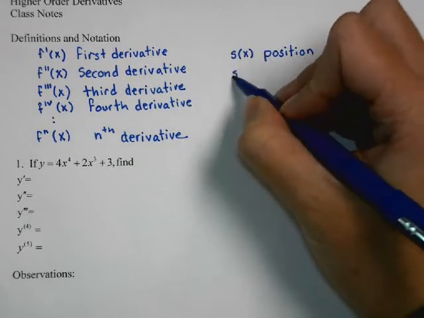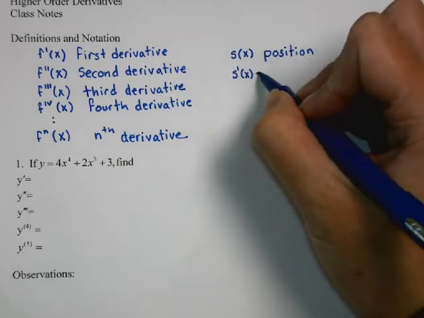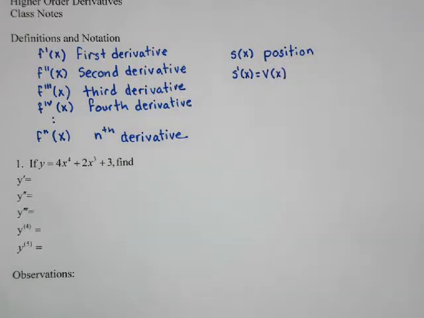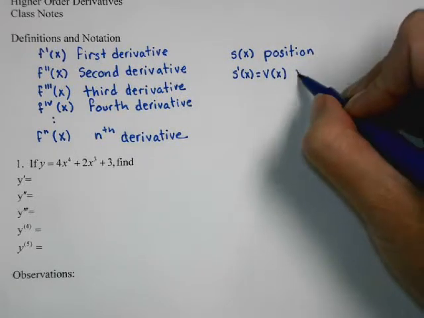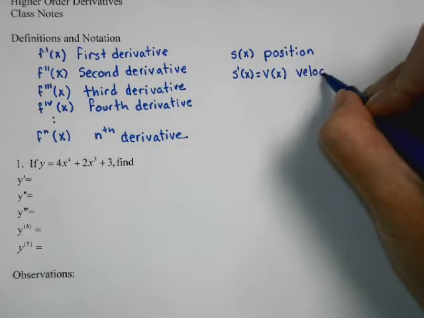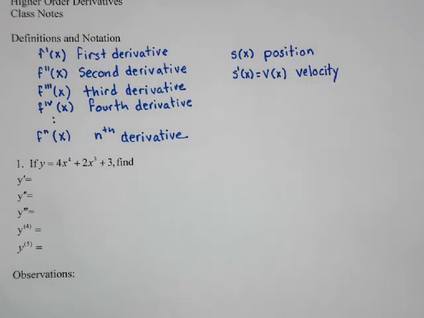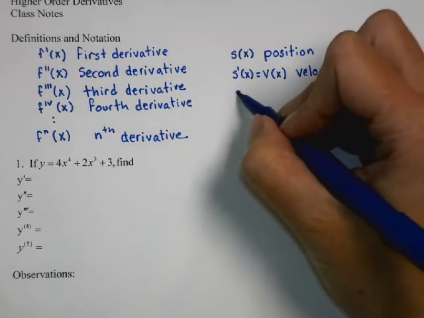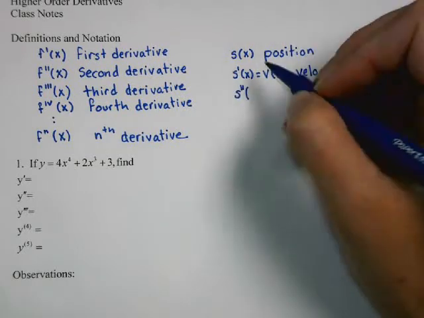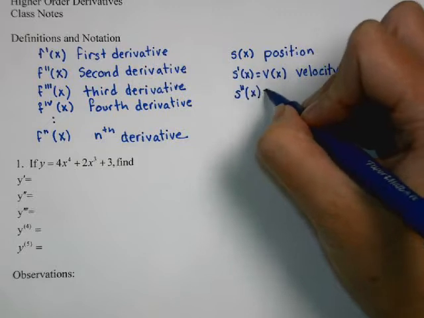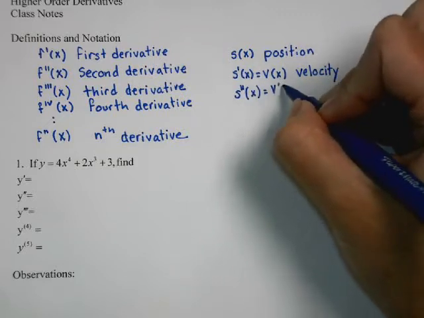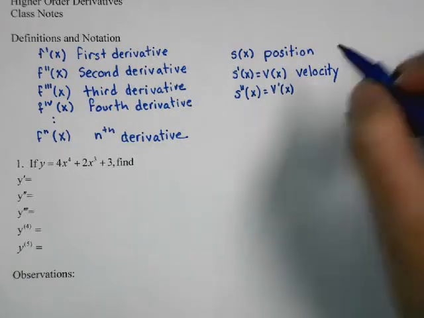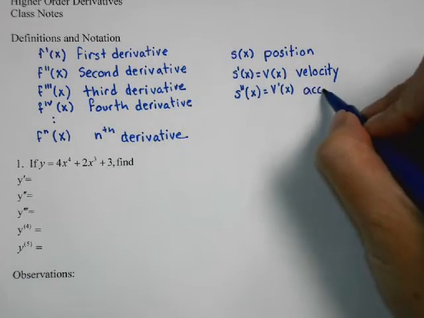If I take the derivative of position, that gives me the rate of change of position, which is velocity. Okay, so if I take the second derivative of position, which is just the derivative of velocity, so the rate of change of the velocity is acceleration.